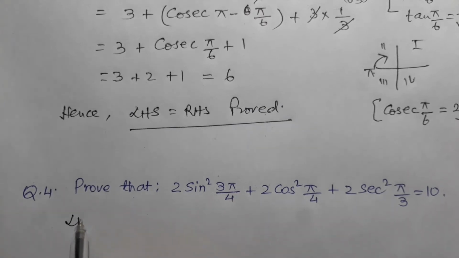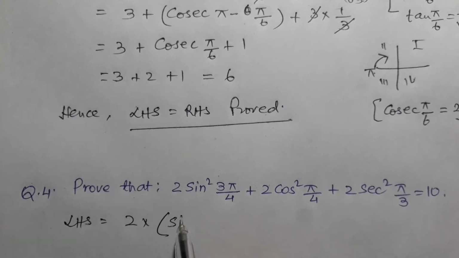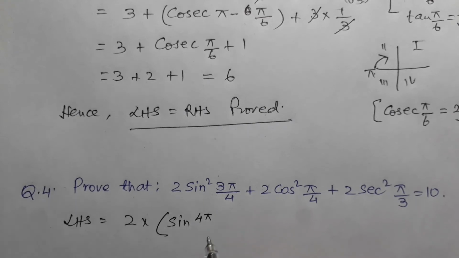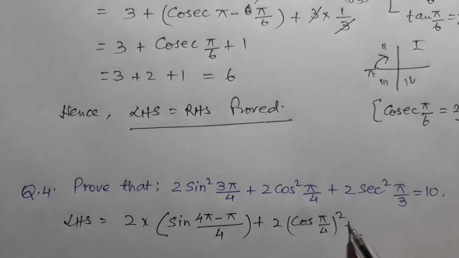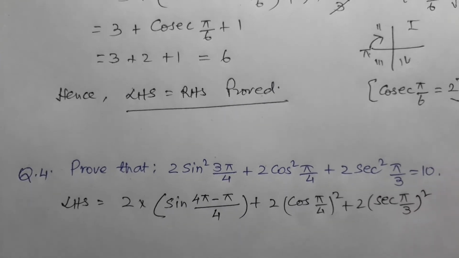So LHS will be 2 into sine. The denominator is 4, so first you write 4 pi, and this is 3 pi, so we should deduct 1 pi here, so it will automatically become 3 pi. Write here 4 again, plus 2 into cos pi by 4 square plus 2 sec pi by 3 square, right?